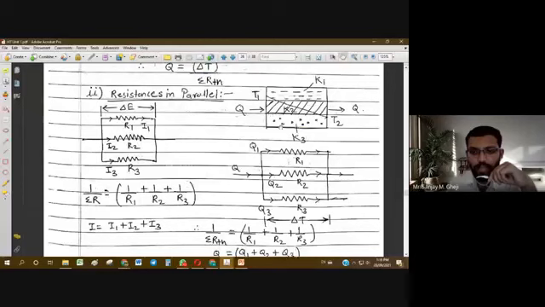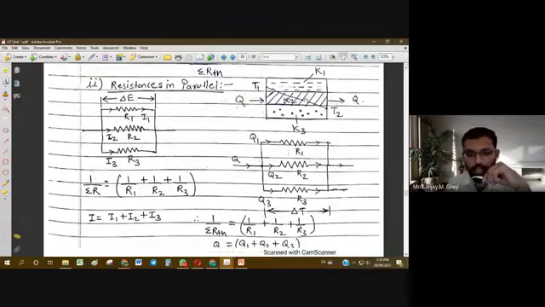So this can be replaced by a thermal circuit like this. Material 1 will be replaced by thermal resistance R1, material 2 by R2, and material 3 by R3. Likewise, heat flow will also be different through these materials. Q1 will flow through R1, Q2 through R2, and Q3 through R3. So Q1, Q2, Q3 are analogous to I1, I2, and I3.